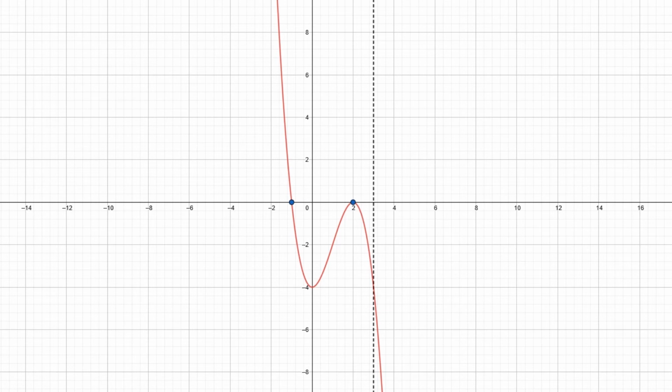Using the x-axis and the x equals 3 line as our new asymptotes, this is a graph of y equals 1 over x minus 3. We can now reflect this curve in the x-axis. And so we now have a sketch of both of those curves on the same set of axes.